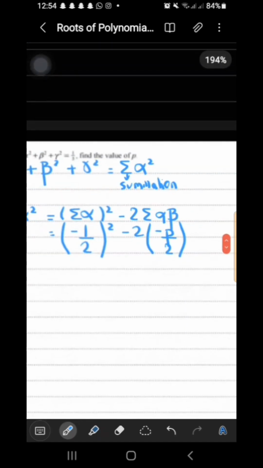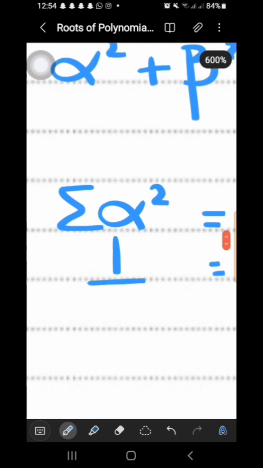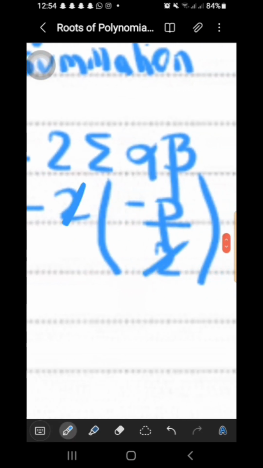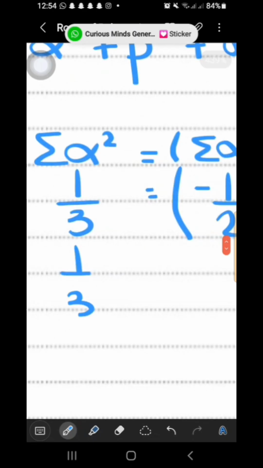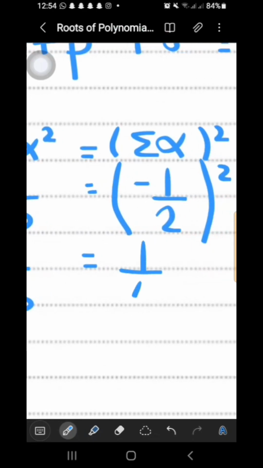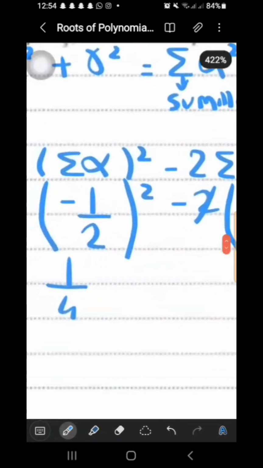We got it. And we know that this whole is equal to 1 divided by 3. So here 2 will get cancelled by 2. Now we can write it again. The remaining things become 1 over 4 plus p.